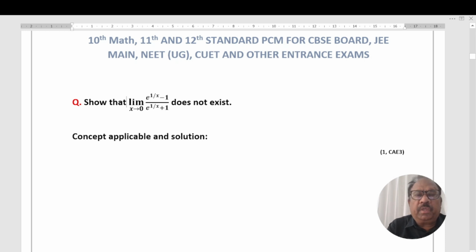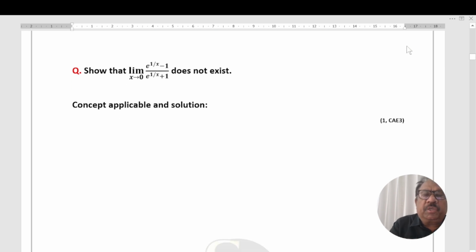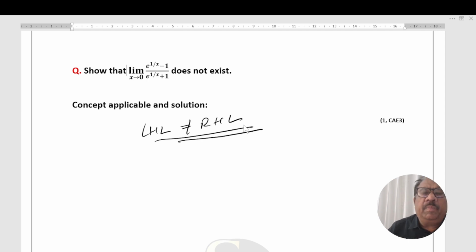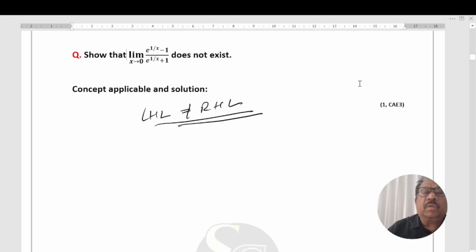Question is, show that limit x tends to 0 of (e to the power 1 by x minus 1) upon (e to the power 1 by x plus 1) does not exist. If limit does not exist, left hand limit should not be equal to the right hand limit. It means we have to find here left hand limit as well as right hand limit.